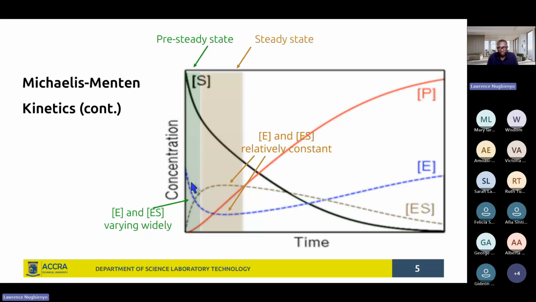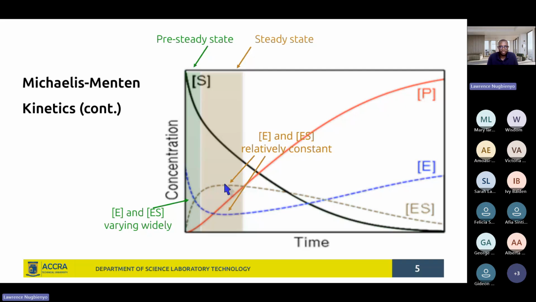We see what we refer to as the pre-steady state. You see the enzyme concentration is up, whilst the enzyme substrate complex is low. So these concentrations are widely apart, and they begin to close up all the way until you see that the enzyme substrate complex which is formed is almost constant there.